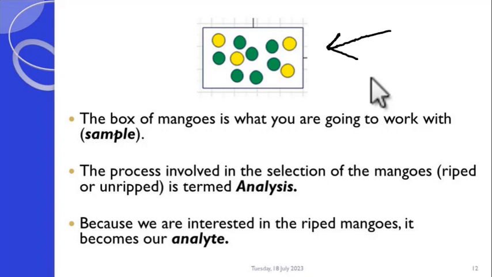We are performing an analysis. Now, what is the mango of interest? The mango of interest here is the ones that are ripe. The ripe mango then becomes our analyte because that is the one that we are interested in.